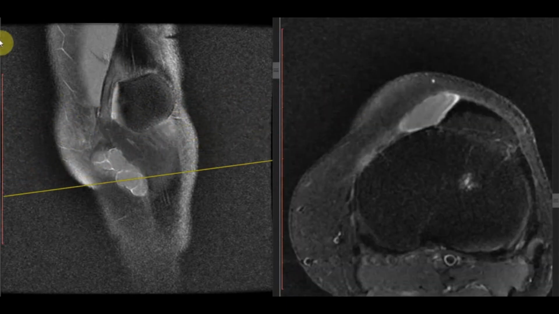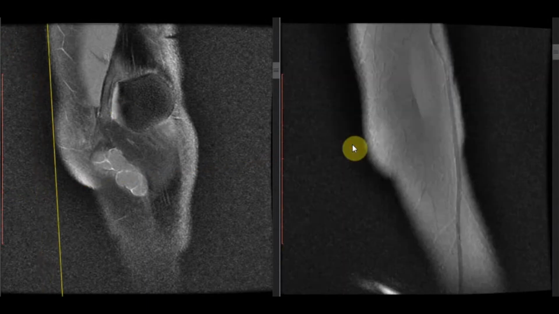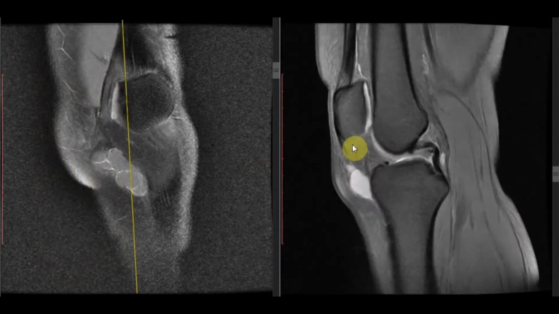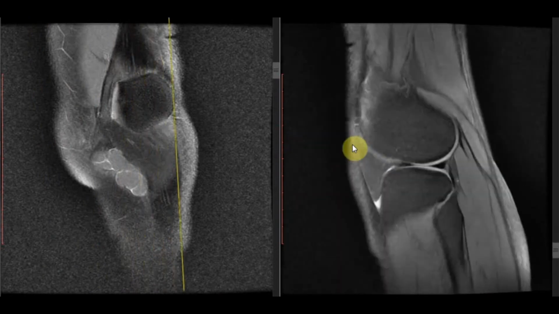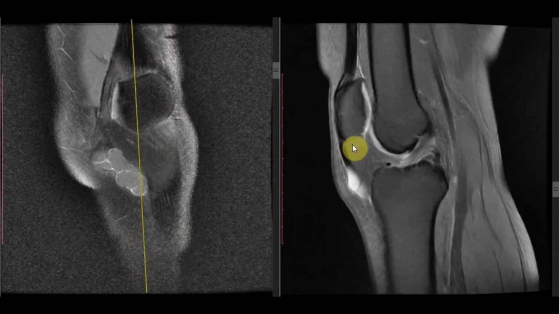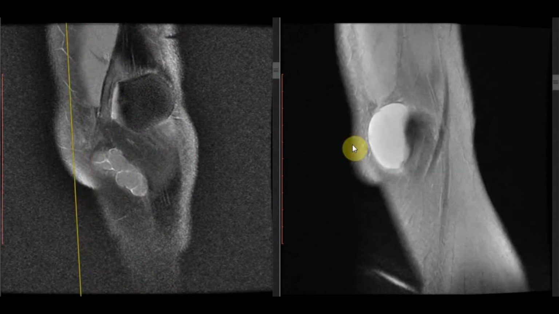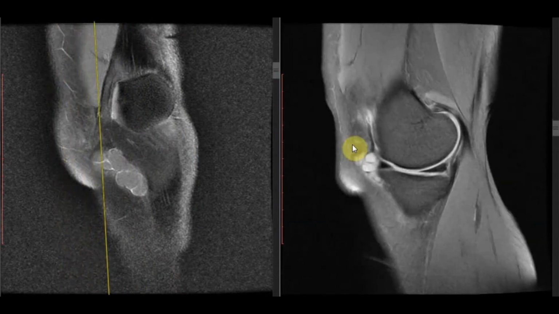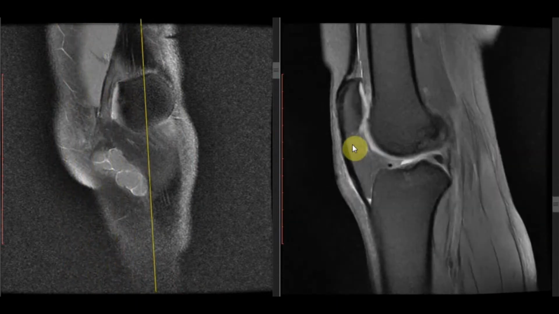Let's see other structures. So the menisci are normal, cruciate ligament is normal, and rest of the knee joint is completely normal. So this is just a ganglion cyst along the medial retinaculum.